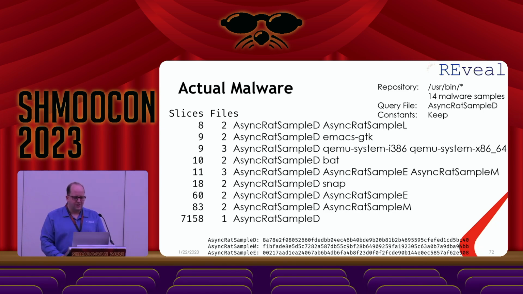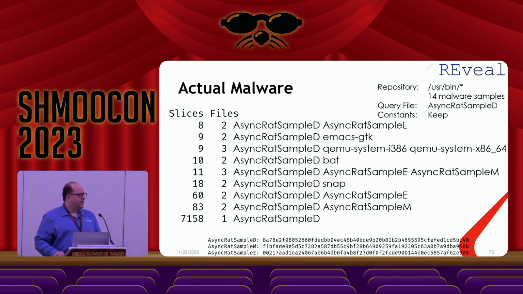Another thing that's interesting is when I looked at these files in VirusTotal, async rat sample D had terrible attribution. All the AV vendors were saying things like generic or suspicious. None of them actually said, hey, this is this malware.